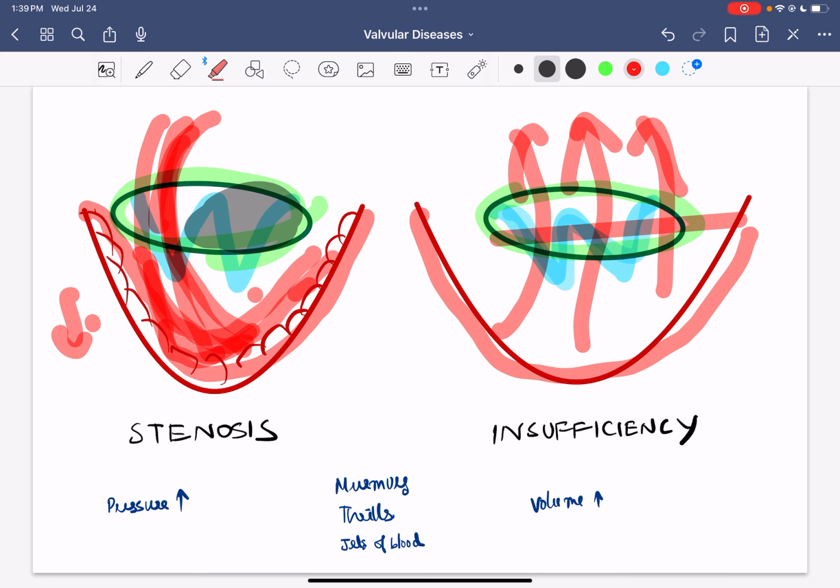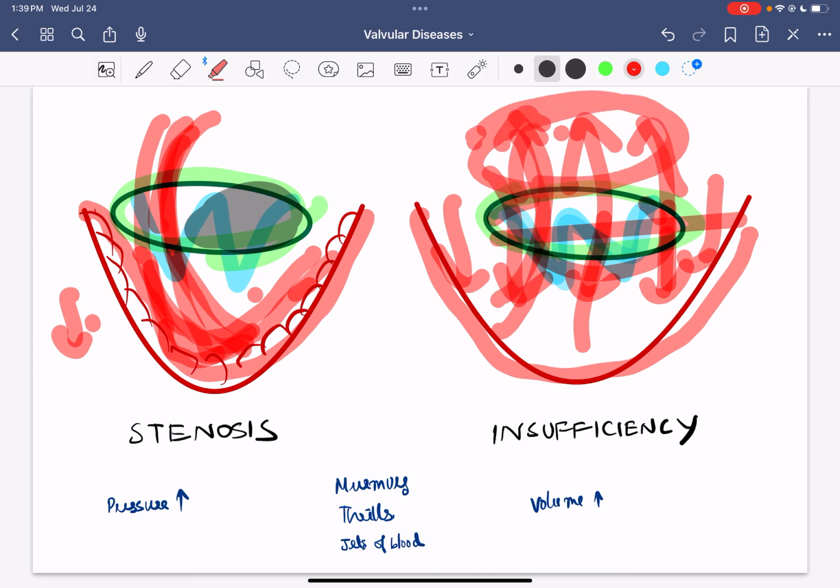But in this case, this valve becomes loose. As a result, blood leaks into the heart chamber. In the phase of relaxation, you don't want blood to enter this chamber. You want blood to flow outside and stay in the next chamber over here. But if this blue color valve becomes weak, blood leaks back into the chamber.